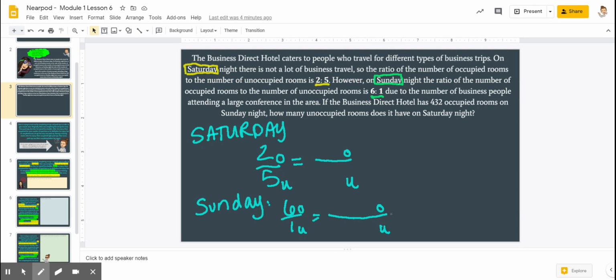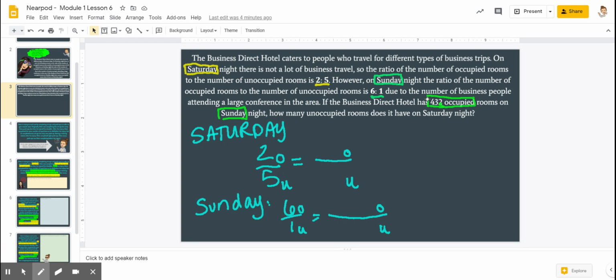Now we need to take a look at the next piece of important information. It says, if the Business Direct Hotel has 432 occupied rooms on Sunday, so I'm going to make this green because I know that this says 432 on Sunday, and it's occupied.